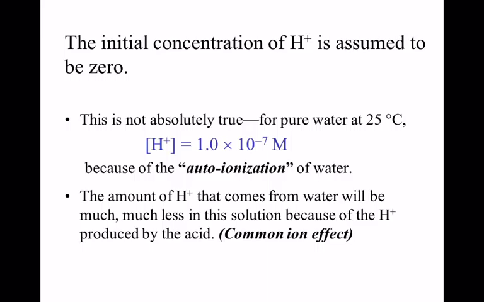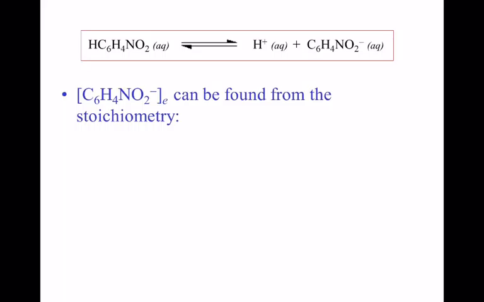The other thing is, because of the common ion effect, our weak acid is going to provide some protons, some hydrogen ions. That is going to diminish the amount of autoionization that occurs. Okay, so if you're good with that, I'm good with that.